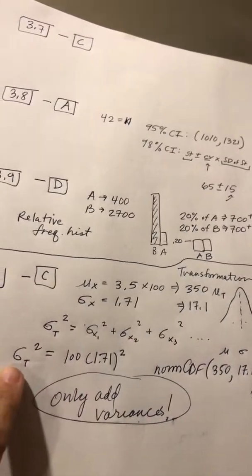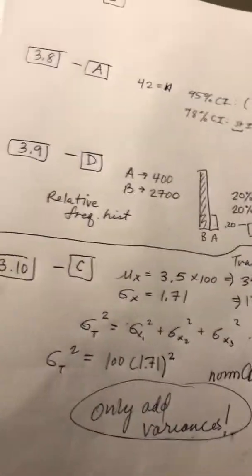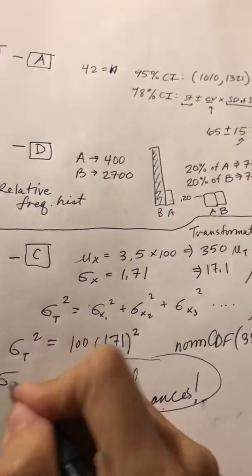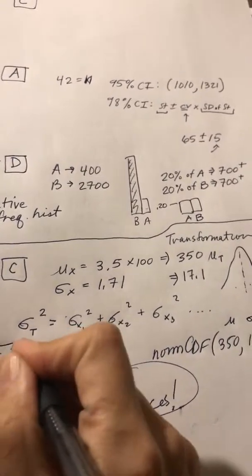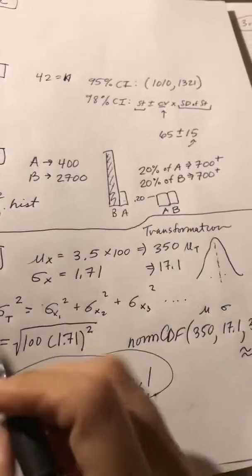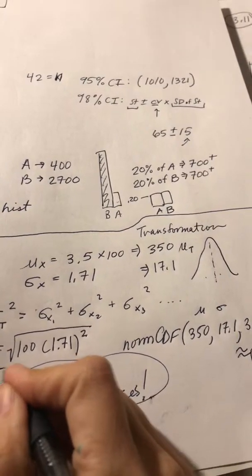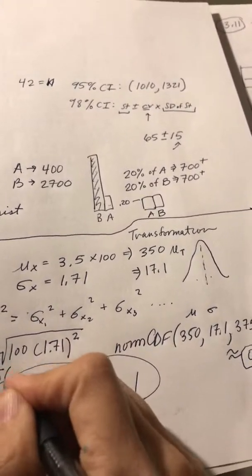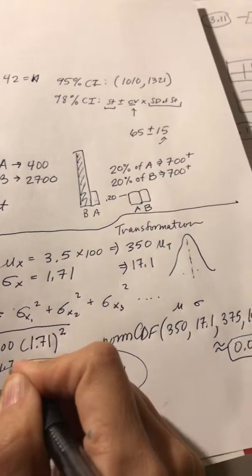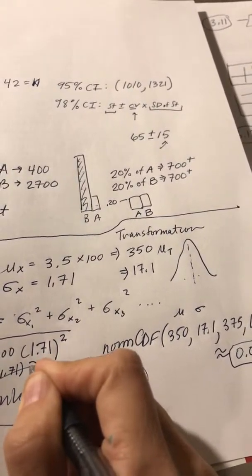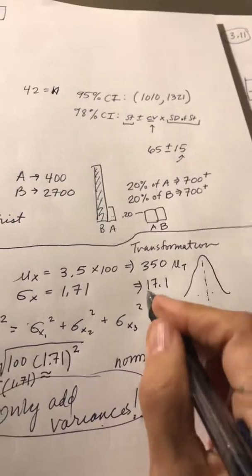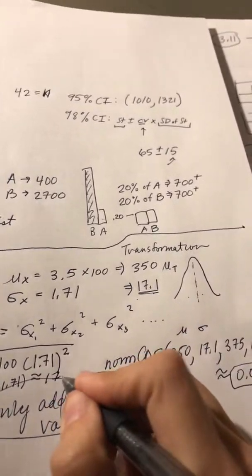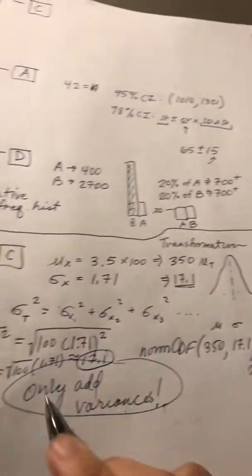So now when I find the standard deviation, which is the standard deviation of the total, notice I'm going to have to take the square root of this, and I end up getting the square root of 100 times the square root of a square, which is just that number. And the square root of 100 is 10, and so that should make sense why I got 17.1. Okay?